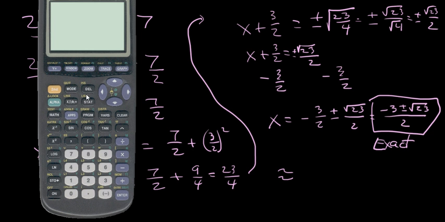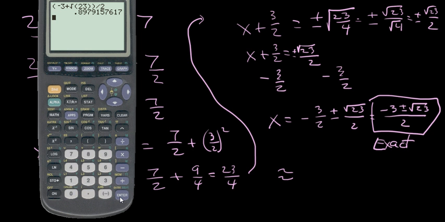I put this whole top line inside parentheses, and this is where I use the little negative in the parentheses here. Negative 3 plus, I can't do plus or minus on this calculator, so let's say negative 3 plus square root of 23, close the square root bracket and close the big bracket, and then divide this by 2.